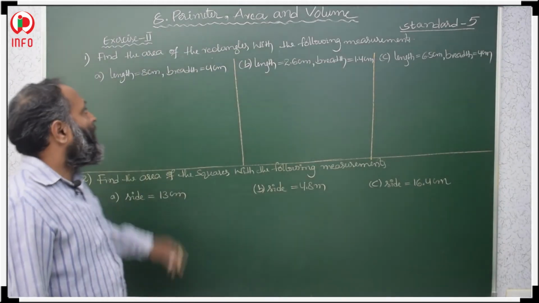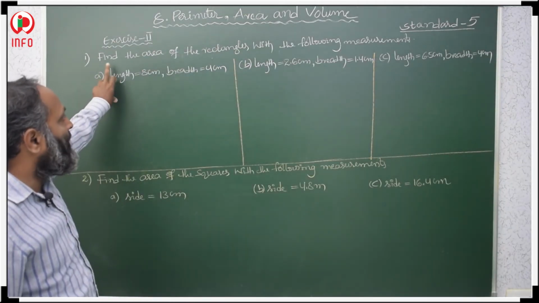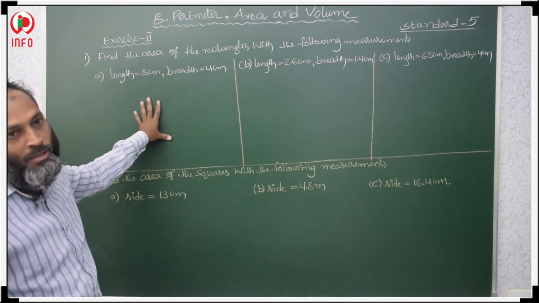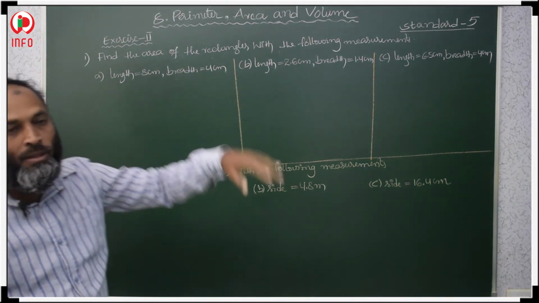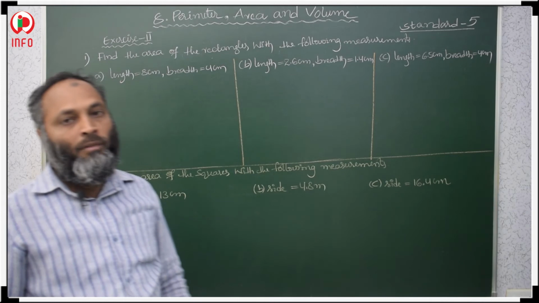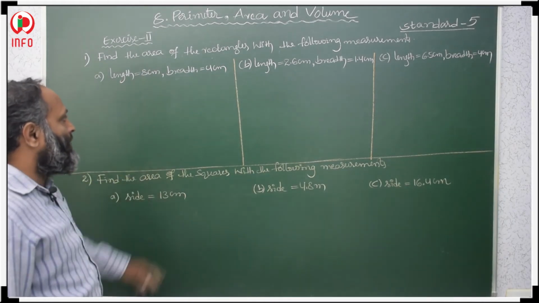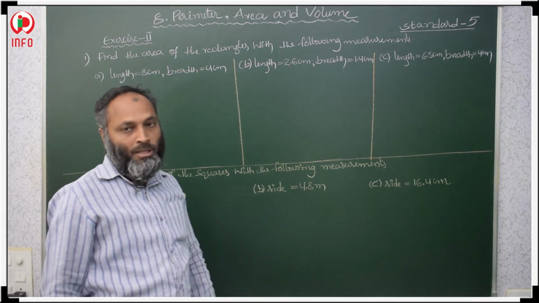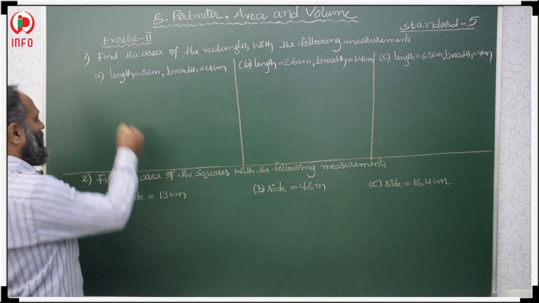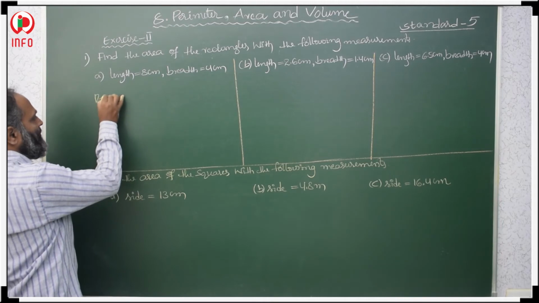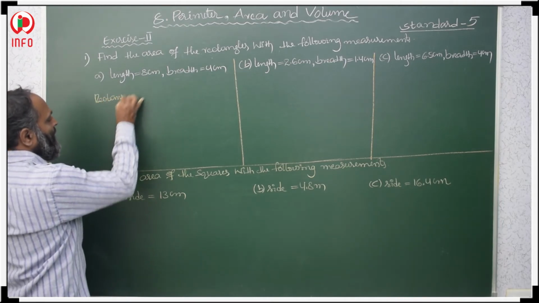Now see, in exercise 2, find the area of the rectangle with the following measurements. Some measurements are given, and with these measurements we have to find the area of a rectangle. In the first question, length is 8 centimeters and breadth is 4 centimeters. Now we have to find the area.